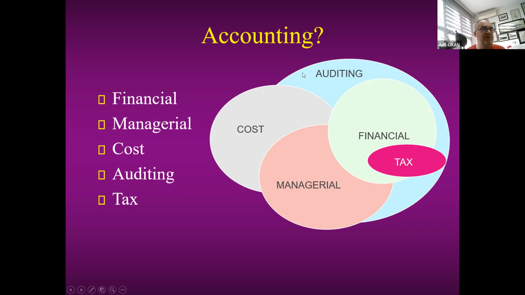And then in addition to this, we have things like auditing, which is trying to make sure that the information produced by these various accounting systems is accurate, is prepared according to the rules. Financial accounting has a more strict set of rules to standardize and provide that information to those outside the company. But managerial accounting needs to be much more flexible because they may have much more variety in who their users are.